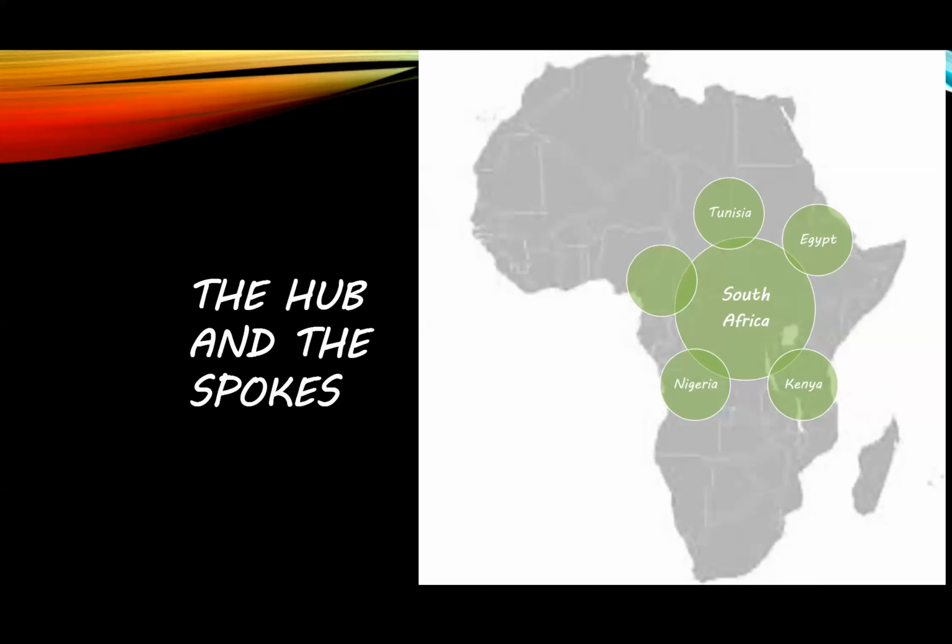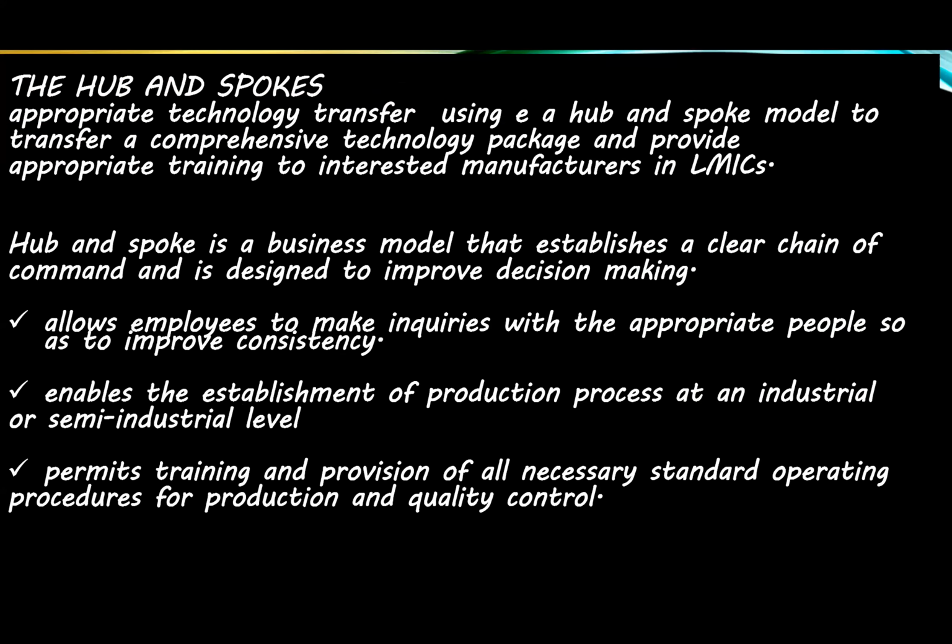Now, how is the hub and what are the spokes, how are they going to work? It is where we are able to transfer appropriate technology. The hub will be set in Africa, where most of the activities happen. I'm sure Patrick will tell us more about the hub because he's quite involved with all the activities going on.